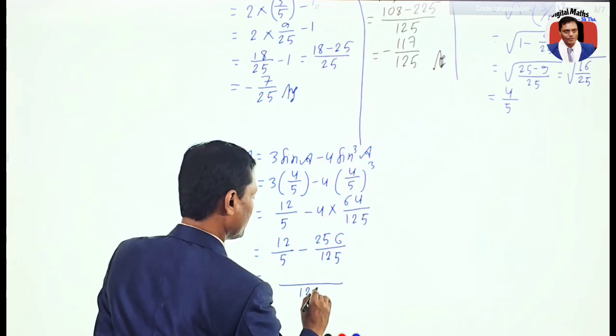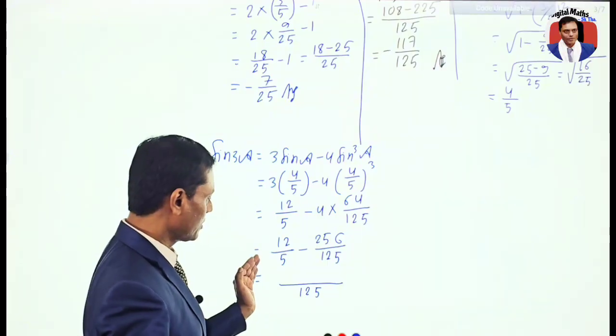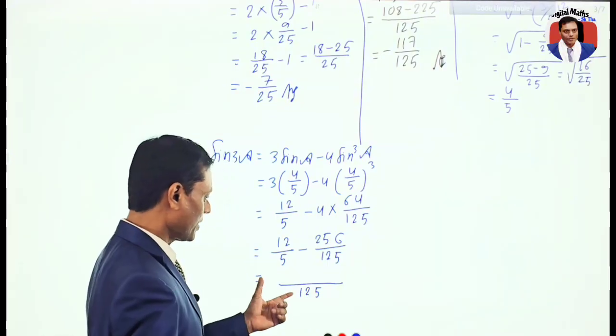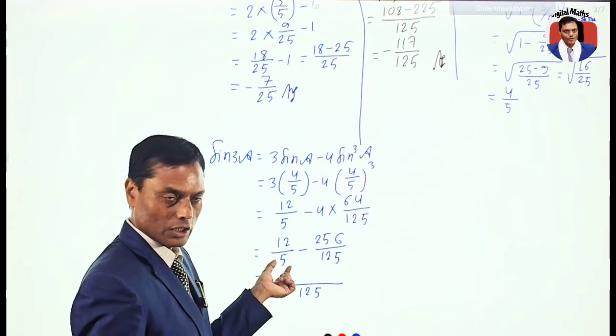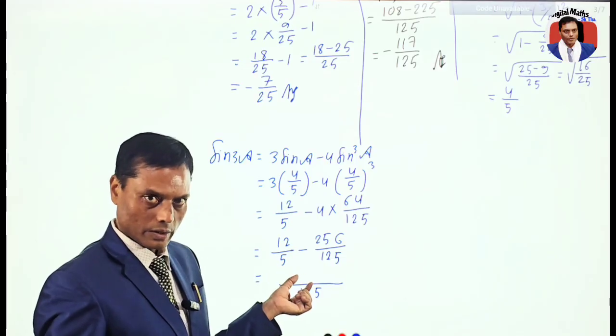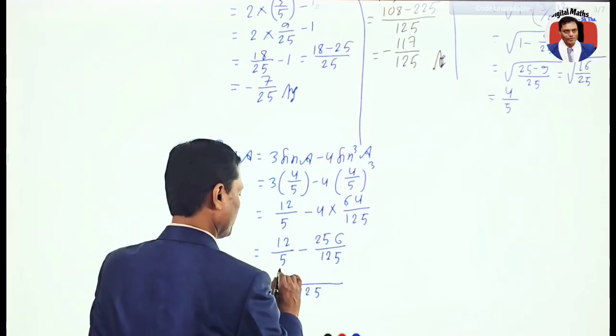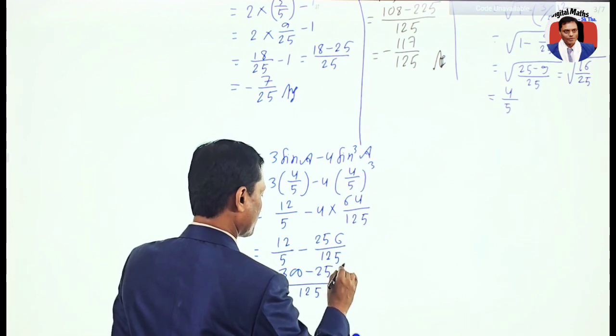LCM is 125, and 125 divided by 5 is 25. 25 into 12, what does that mean? 25 into 10 is 250 plus 50, that's 300.